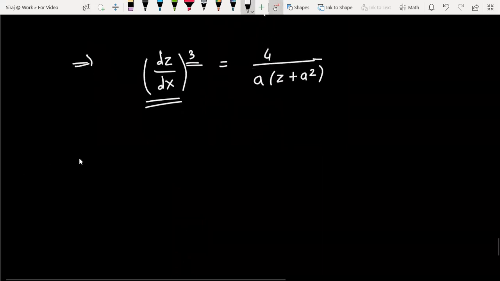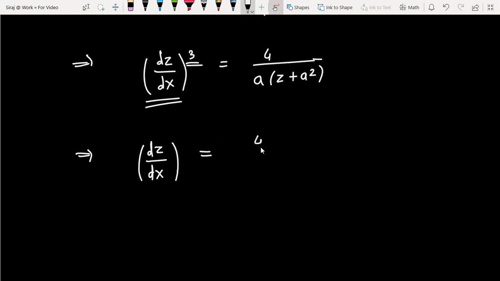So after taking cube root of this equation, we can write it as dz by dx it is equal to cube root हमें लेना है, cube root means power 1 by 3, so it will become 4 to the power 1 by 3 upon a to the power 1 by 3 and into (z plus a square) bracket to the power 1 by 3.